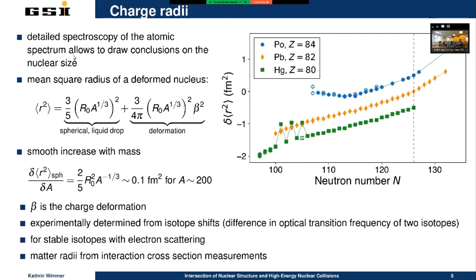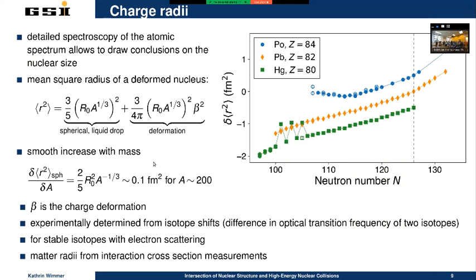Of course, only with very high resolution can one resolve these differences. For the mean square charge radius of a deformed nucleus, there are 2 components. One is just as a function of mass number: the charge radius rises because in a liquid drop model, the size of the sphere grows. And then there's a second component which is due to the deformation.